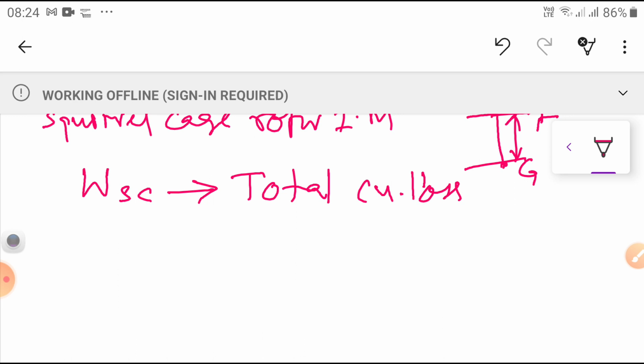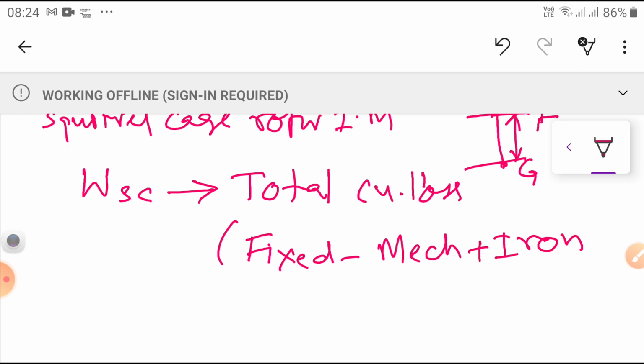Then what happens here, sir? What about the fixed losses? The fixed losses are the iron losses and mechanical losses. What is the mechanical loss here?